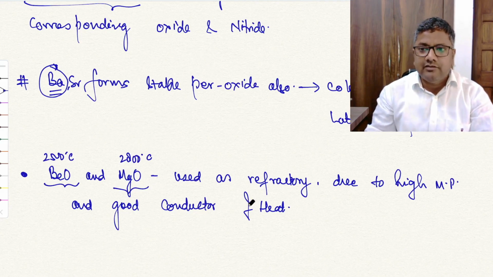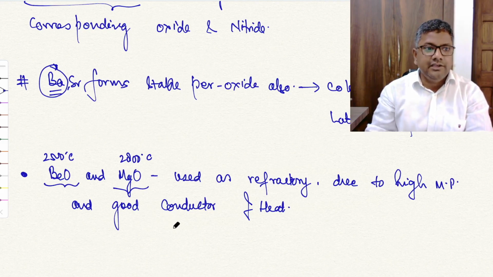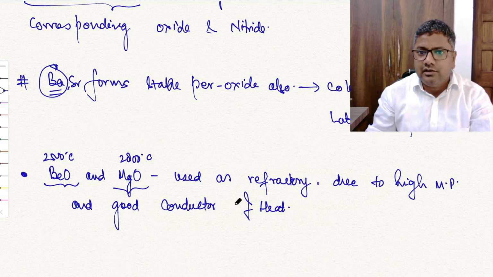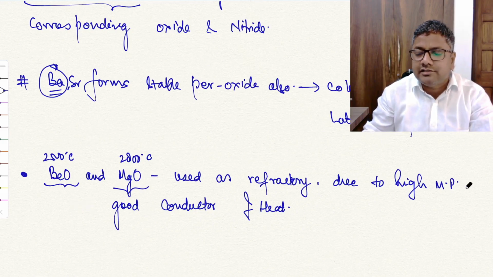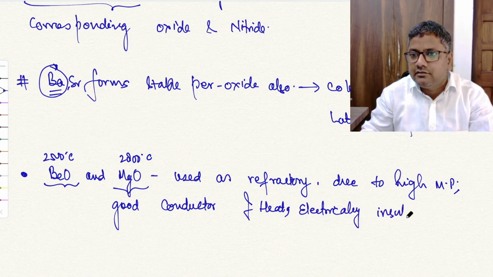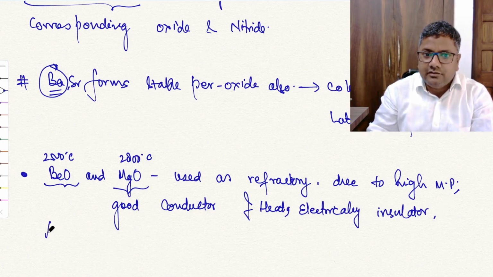So high melting point and boiling point, good conductor of heat, chemically inert, electrically insulator, and low vapor pressure.